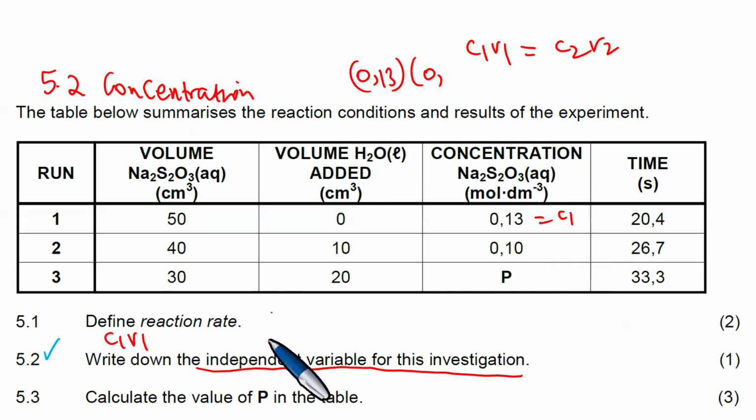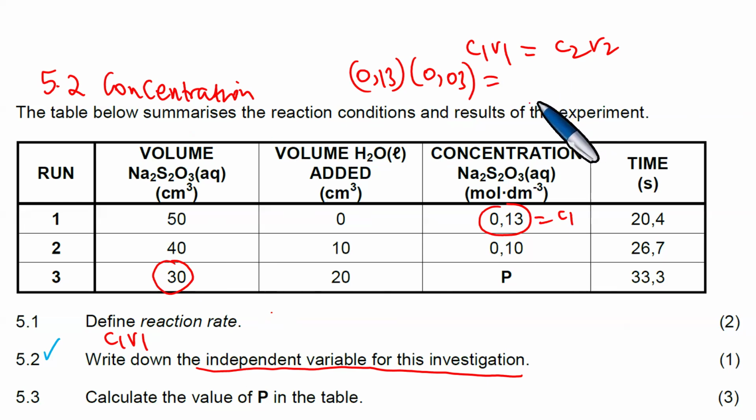Volume 1 is the 30 divided by 1,000, which gives 0.03.